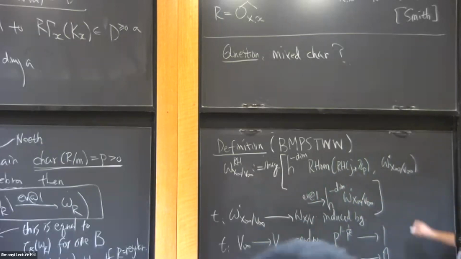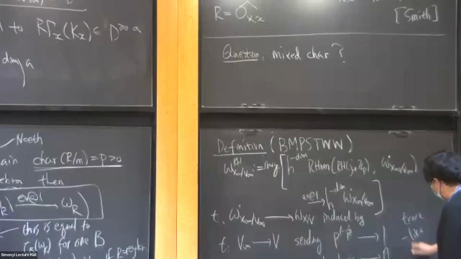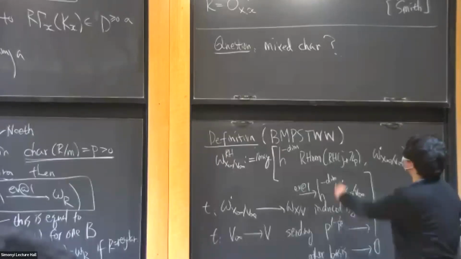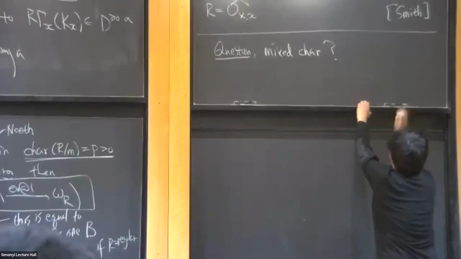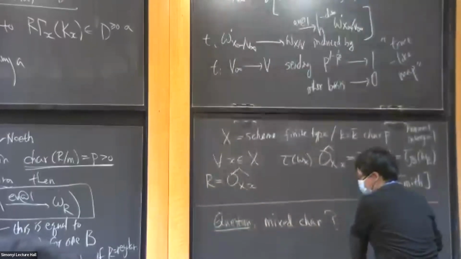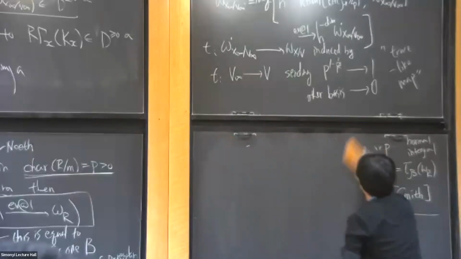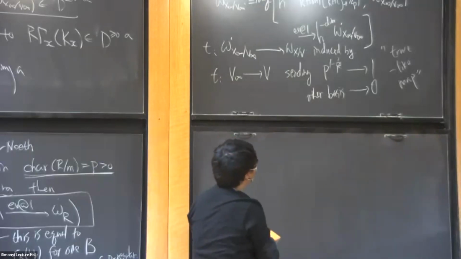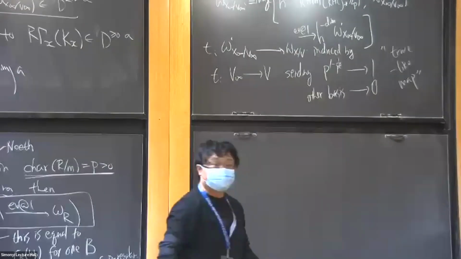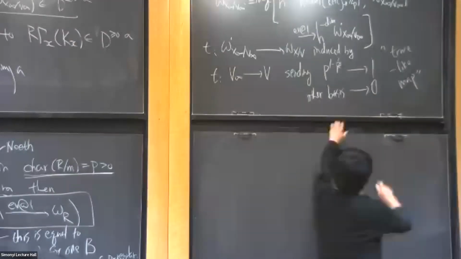It's some sort of trace-like map. What is e here? e is an integer.